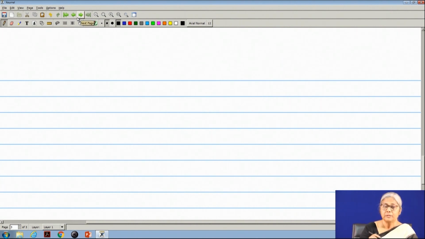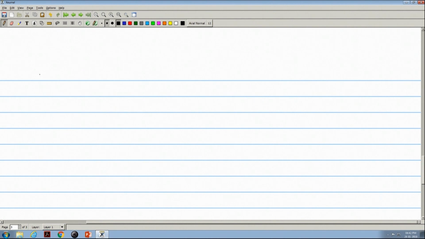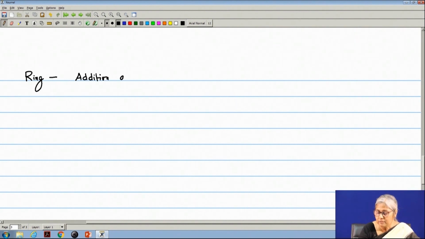If we remember in the lecture when we read about rings, we took some examples, addition and multiplication modulo 8, one example we have seen.